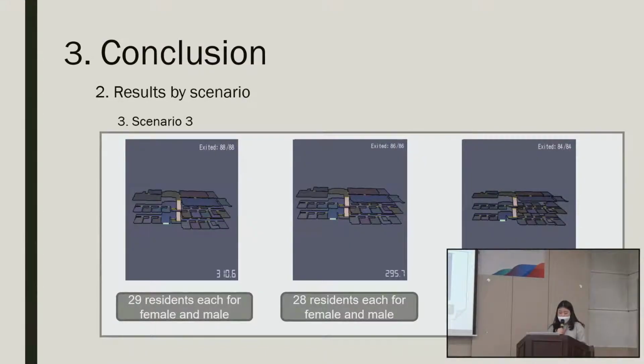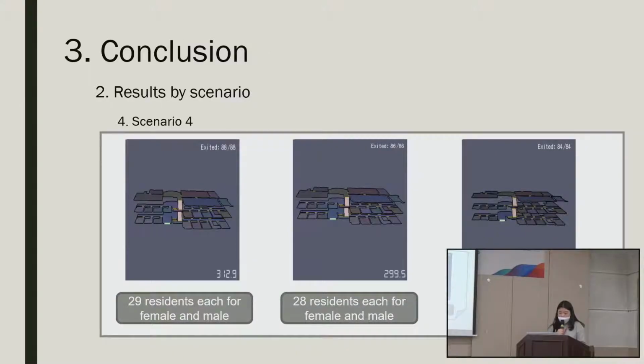In scenario 3, the shortest evacuation time was with 27 male and 27 female residents, and with 29 male and 29 female residents, the evacuation time was over 300 seconds. Thus, the adequate number of residents from floor placement by scenario 3 is 27 male and 27 female residents, so that evacuation is completed within the available time.